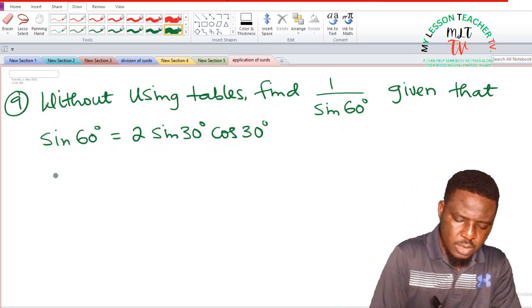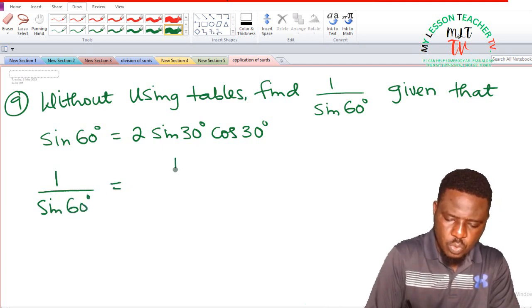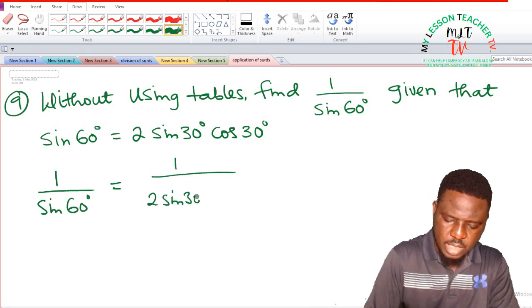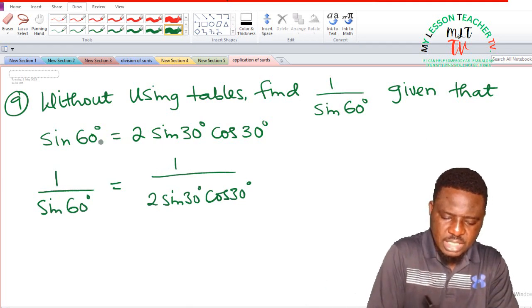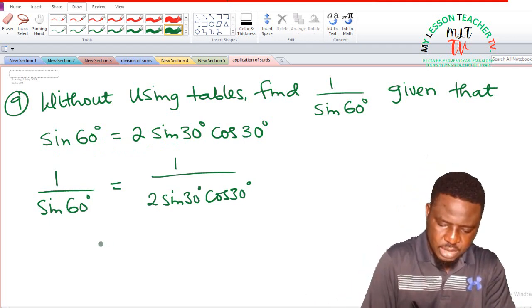So we have it that 1 over sine 60 degrees can be said to be equal to 1 divided by 2 sine 30 degrees cos 30 degrees, because they said sine 60 degrees is equal to 2 sine 30 degrees cos 30 degrees.